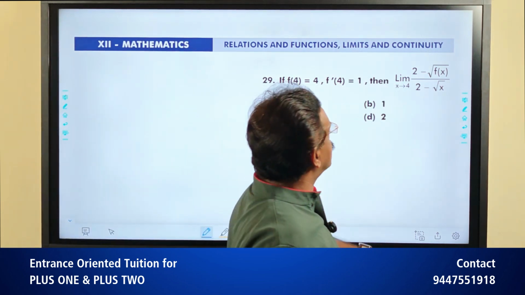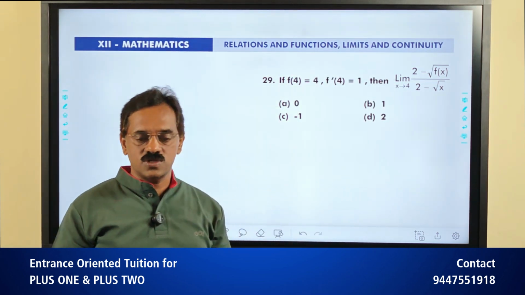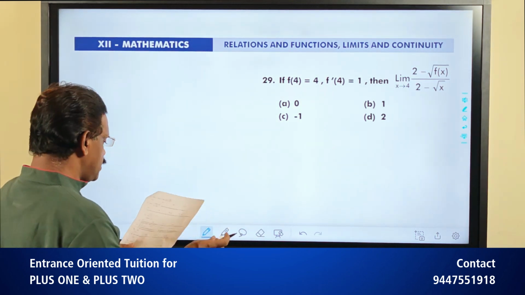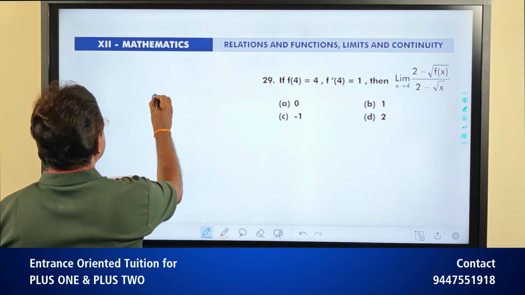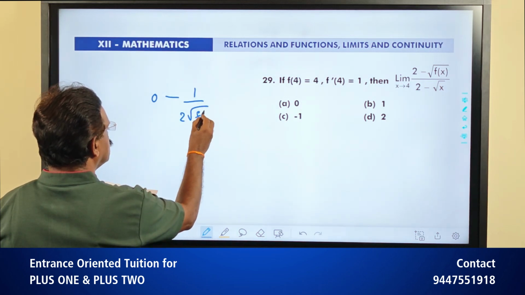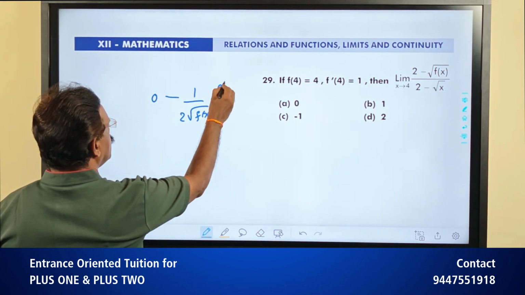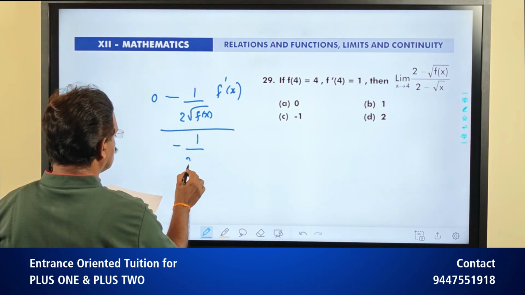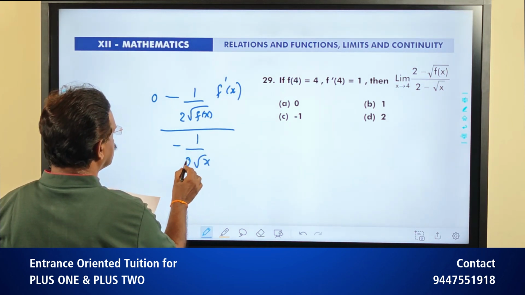Again, limit x tends to 4, 2 minus root f of x by 2 minus root x. When we apply L'Hopital's rule again, it will be 0 minus 1 by 2 root f of x into f dash x, divided by minus 1 by 2 root x. So these all get cancelled, and the minus also gets cancelled.